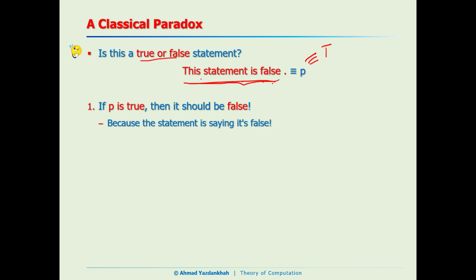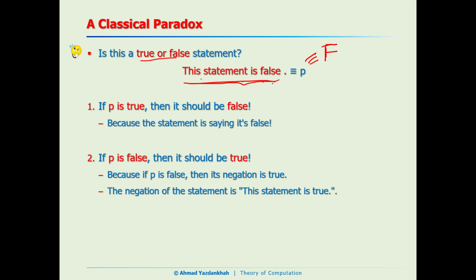But if we say no, that was not true, so it is false, then what would happen? Its negation is true. So the negation of P will be true. What is the negation of P? This statement is true. So it should be true. You see? When you start from here, you reach here. And when you start from here, you reach here. And this is a paradox.